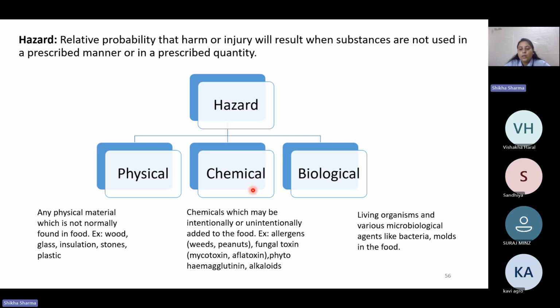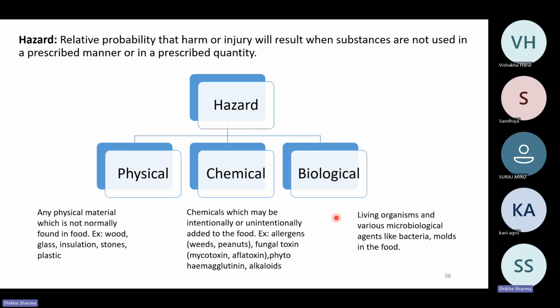If these kinds of compounds are present in food, it is a chemical hazard. And the third one is biological. If living organisms and microbiological agents like bacteria and molds are present in food, the biological hazard will be there in the food product.